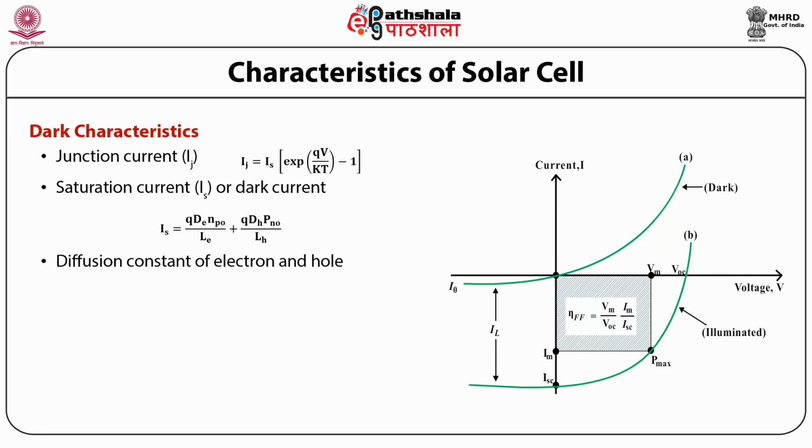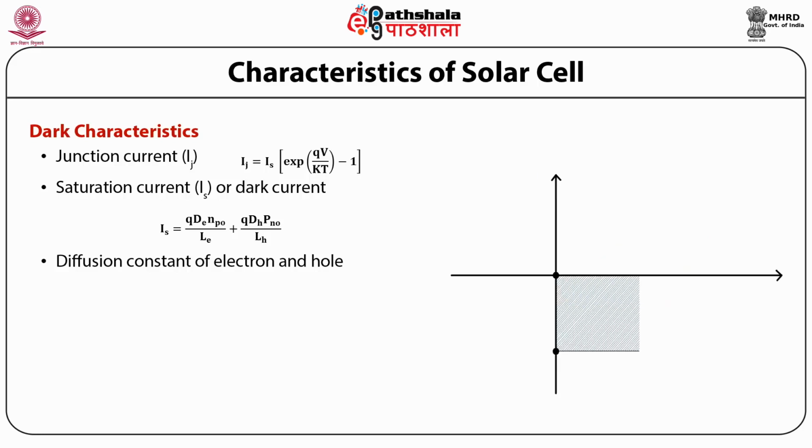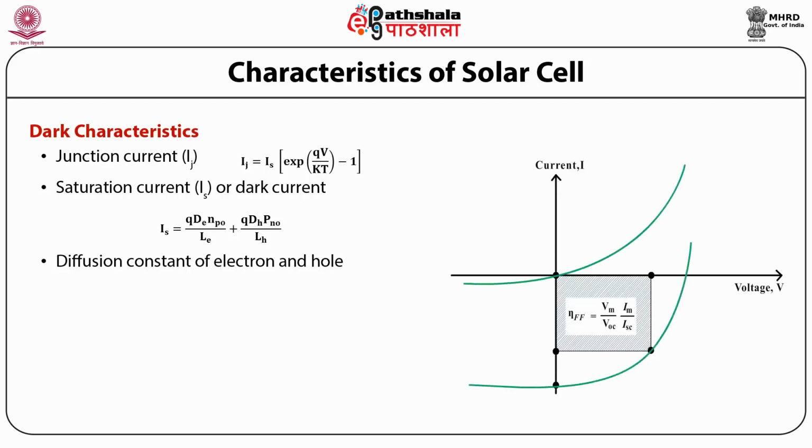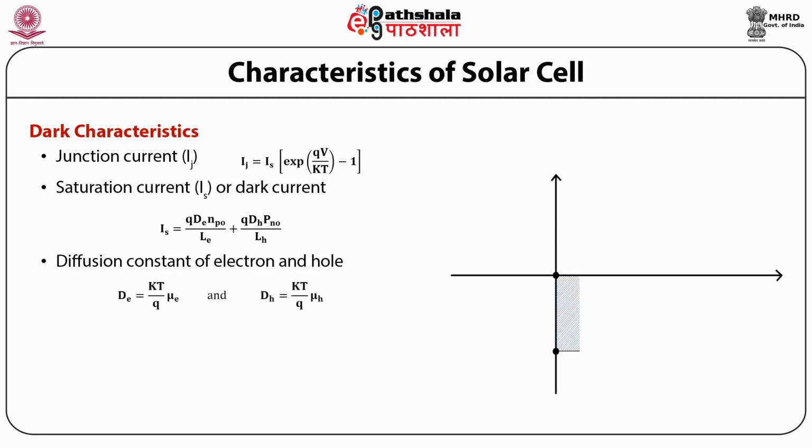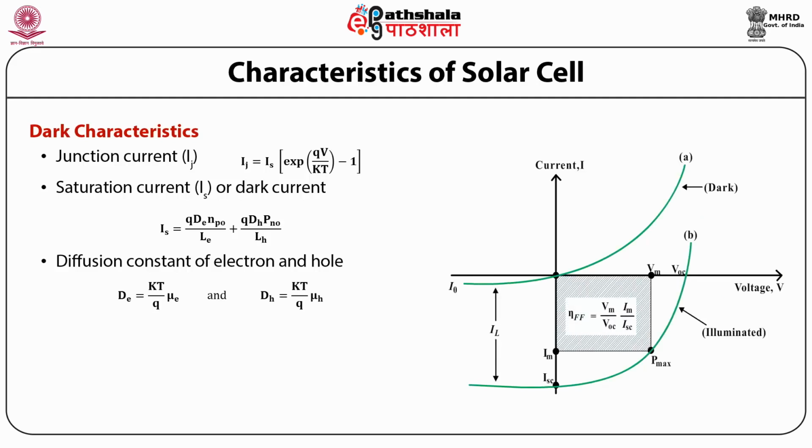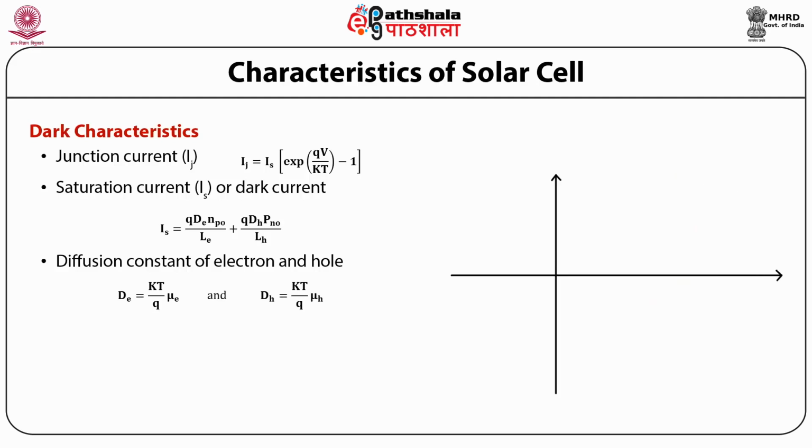the diffusion constants of electrons and holes, and they can be written as De is equal to kT by q mu e and Dh is equal to kT by q mu h.